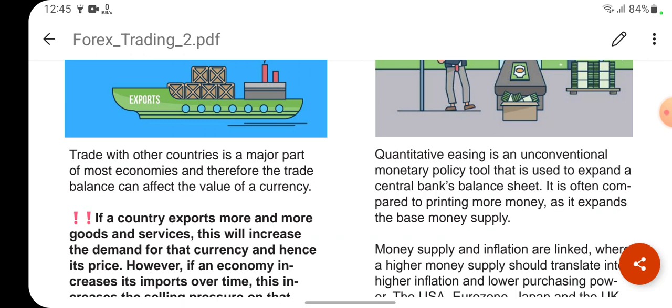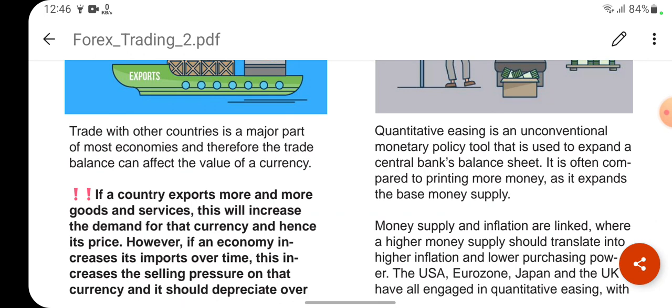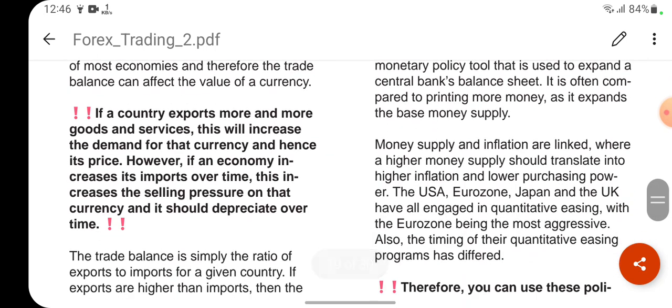Now, how does it move the forex market? Money supply and inflation are linked, where a higher money supply should translate into higher inflation and lower purchasing power. The USA, Eurozone, Japan, and the UK have all engaged in quantitative easing, with the Eurozone being the most aggressive. Also, the timing of their quantitative easing programs has differed.